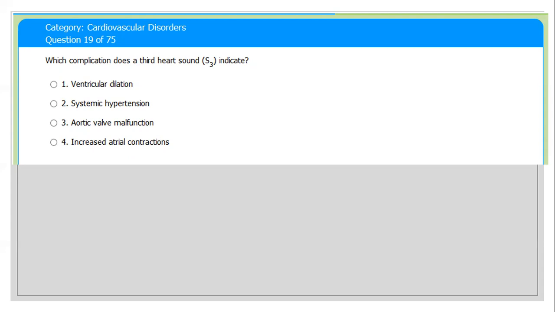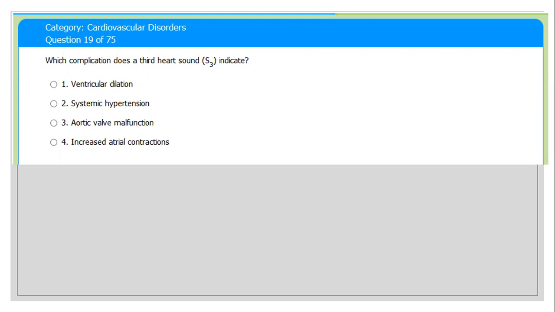If I ask what are the common heart sounds, we have S1 and S2, but sometimes S3 and S4 are also present. So anyway, here I'm talking about what the common heart sounds are and when they are produced.